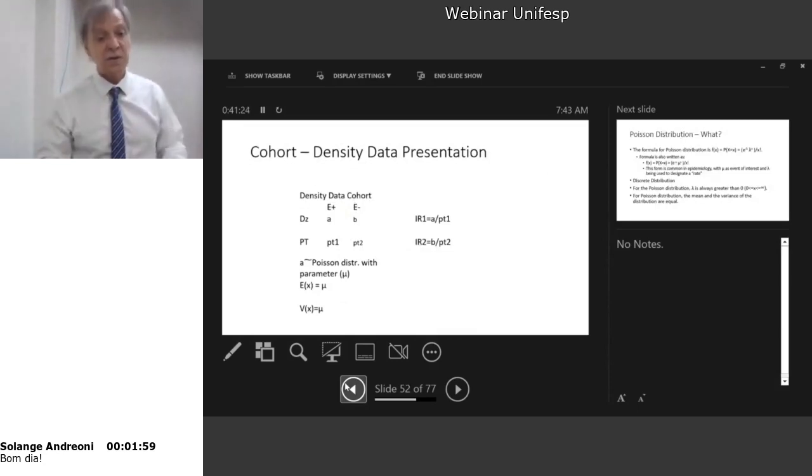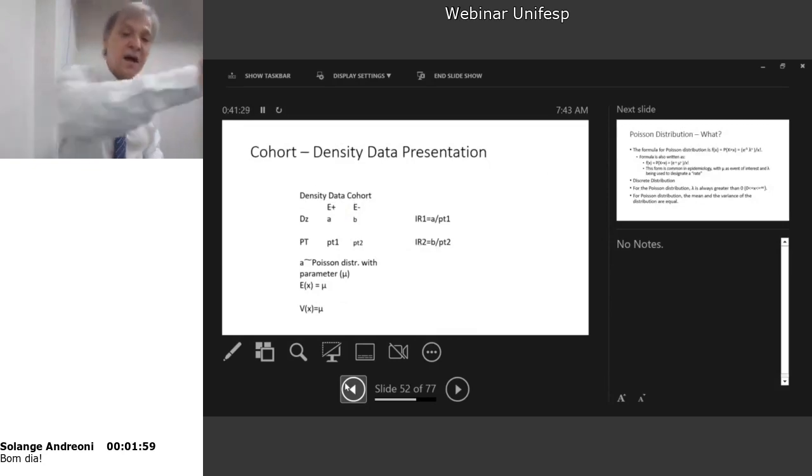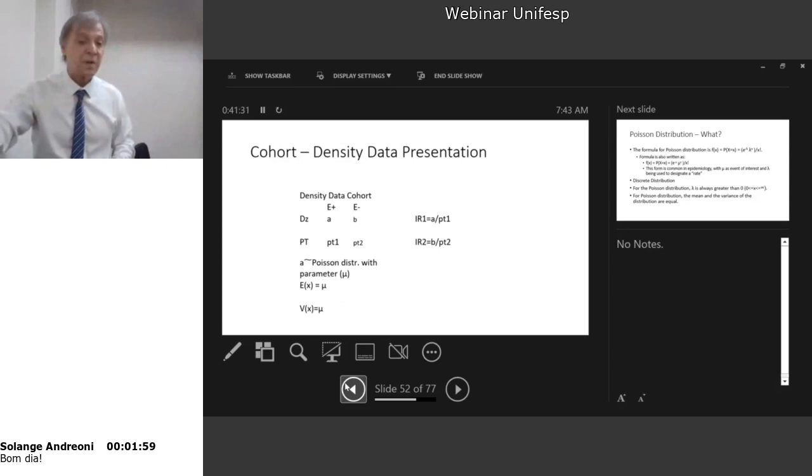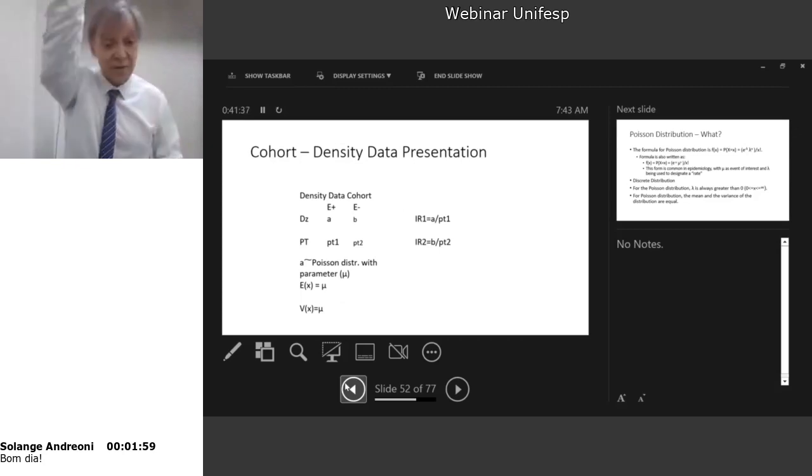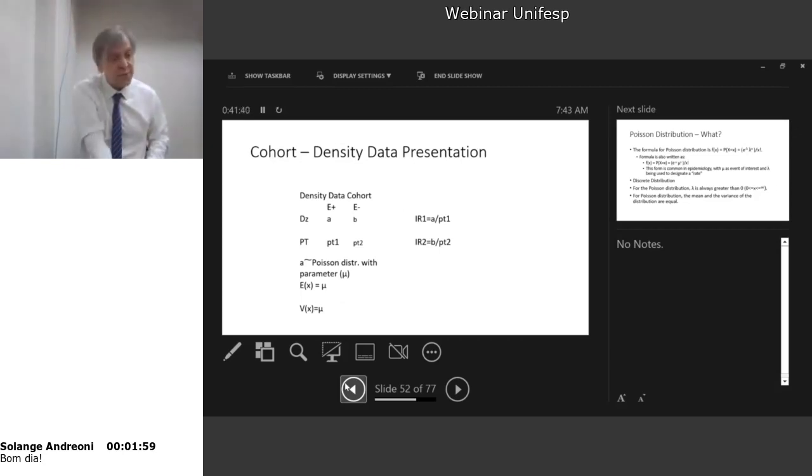As a cohort, I can present count data or density data. What is density? I have a row of disease, but the next row is person time. So I have a column of exposed people and unexposed people, counted over time.